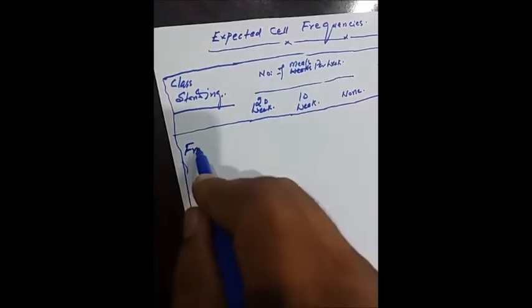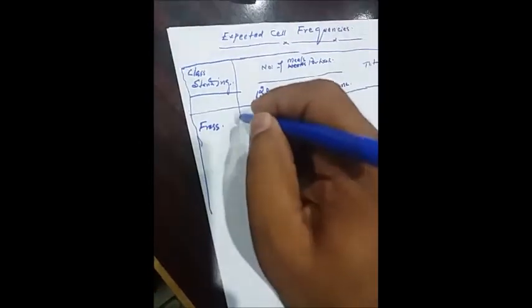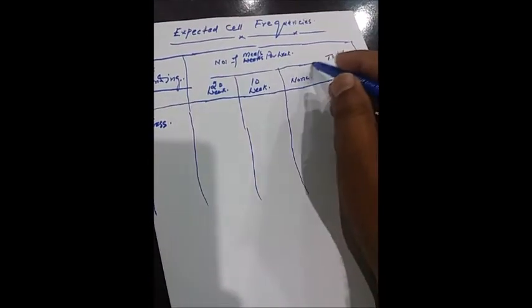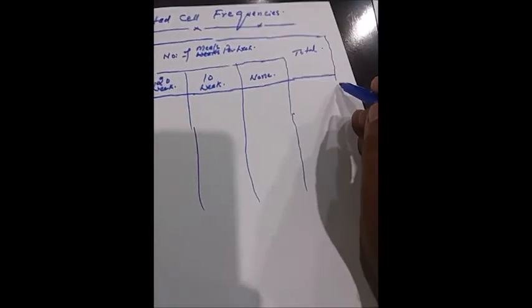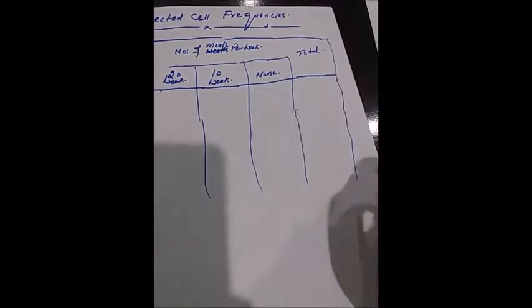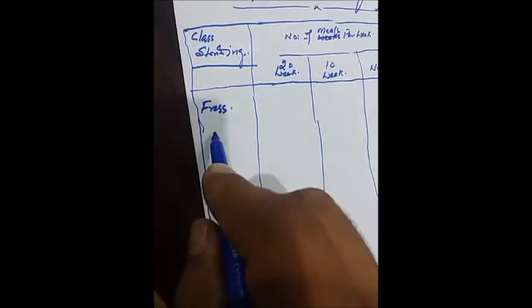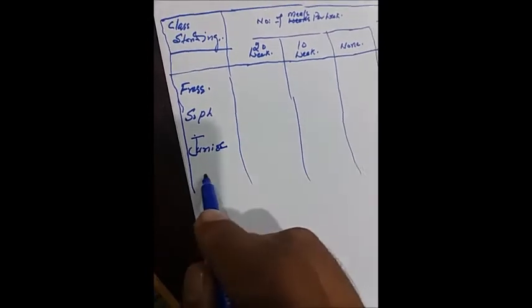We have freshmen, sophomores, juniors, seniors, and total. This is the table.